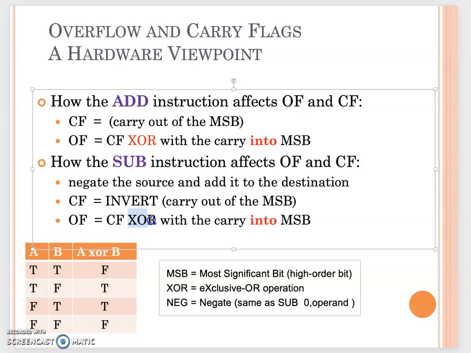The overflow flag always depends on your carry flag value, inclusive OR, the carry into. Be careful, it's the carry into the most significant bit, in other words the bit on the right-hand side of the most significant bit. So that's the carry flag and overflow flag.